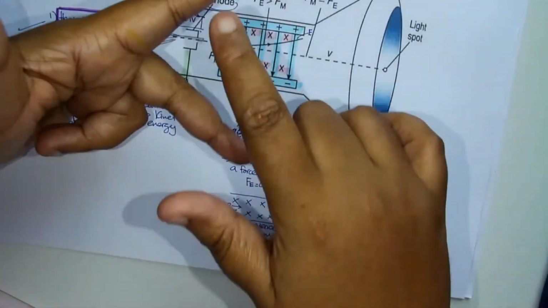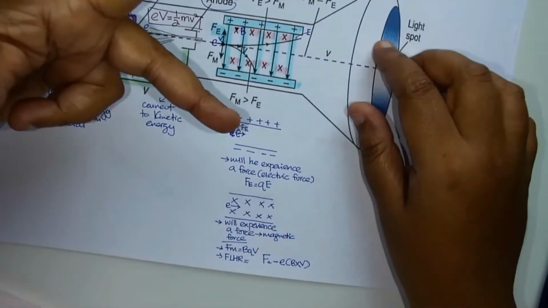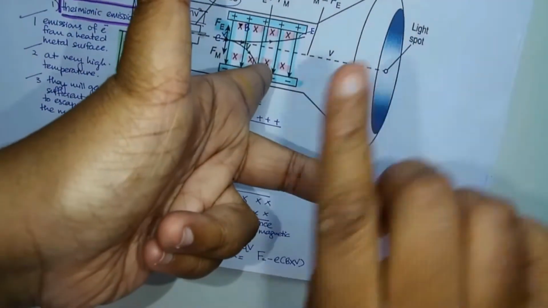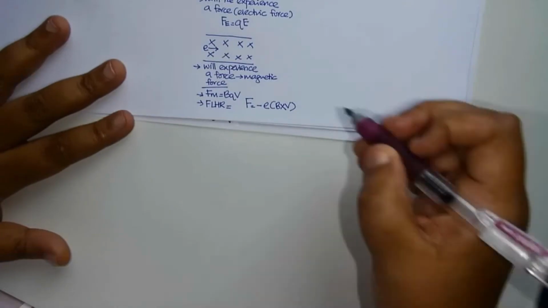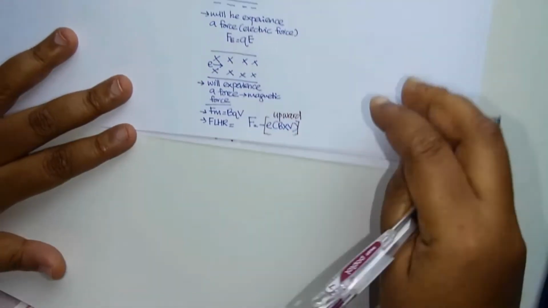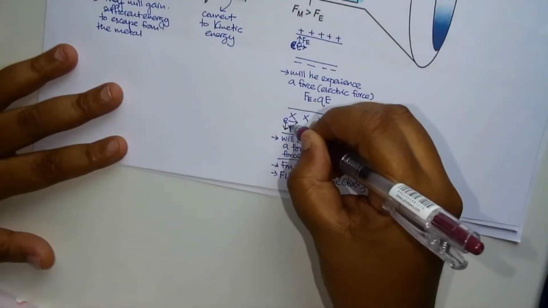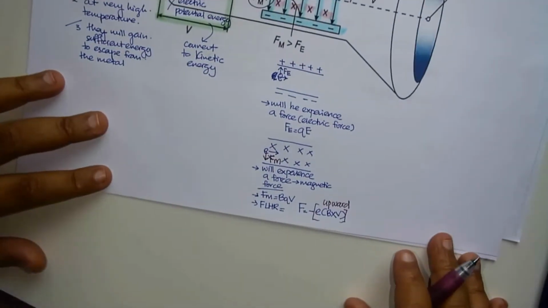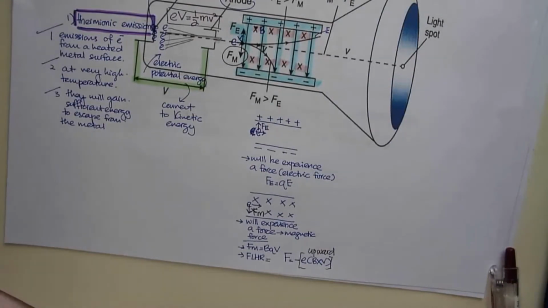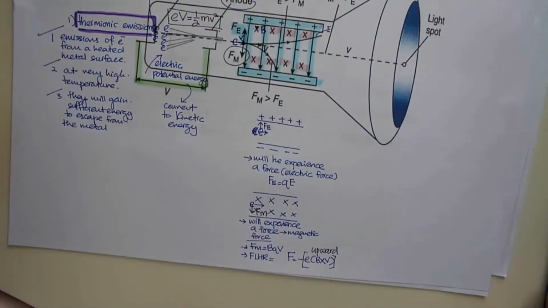B is into the page, V is upward. Since this is upward, negative of upward will be downward. So the direction is downward, while the electric force will be upward. So when both exist together, we'll have two forces there, one upward, one downward.